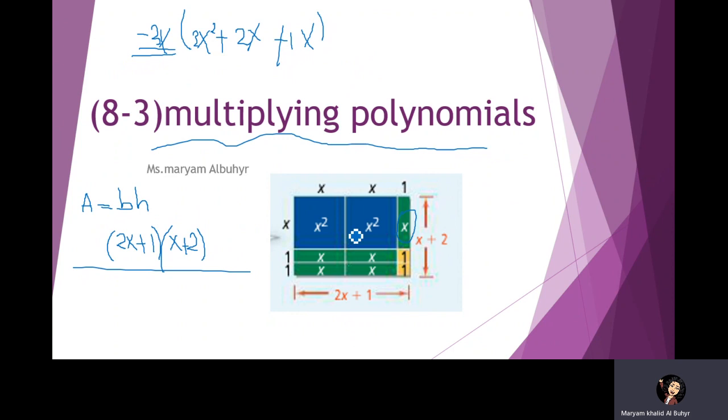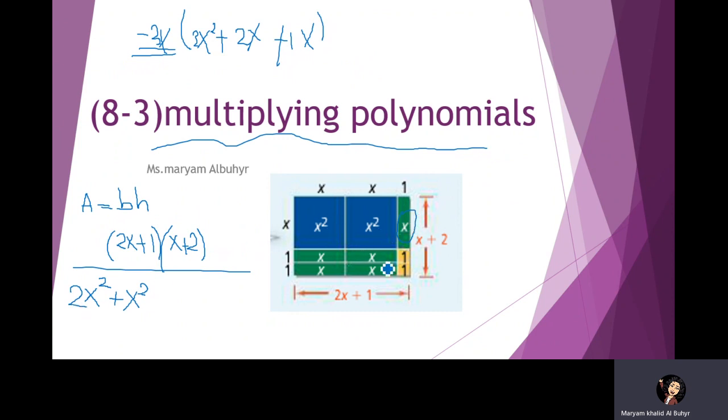If you notice that, also you can use the kids' way. It's like, you know, once the kids are playing with some kind of games, they are adding all these things inside it. If we try to add all these inside, so we have this one, the square, x to the power 2 plus x to the power 2, which is, we can say directly, 2x squared. We have 2 of these.